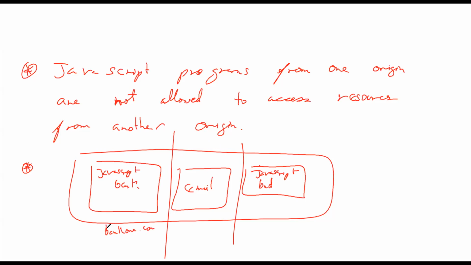The bad site will not be able to have that domain, so maybe it's just badsite.com. So already they don't have the same domain, right? But basically the origin relates to this idea, the same origin policy. Okay. Any questions about this?